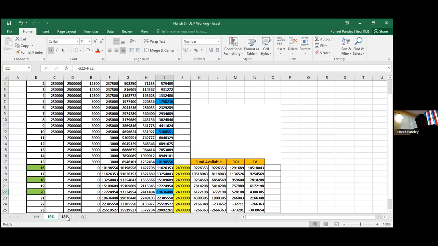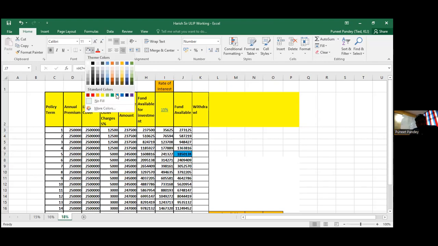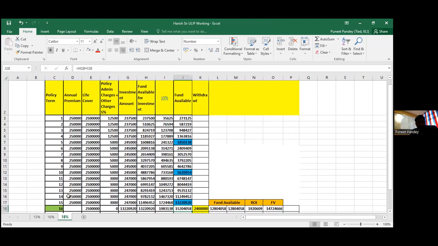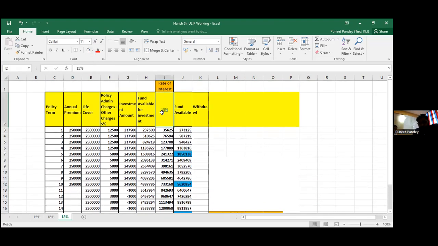And if you calculate at the rate of 15%, you can see somebody is paying for 10 years, 2.5 lakh rupees, at the rate of 15%, sir.